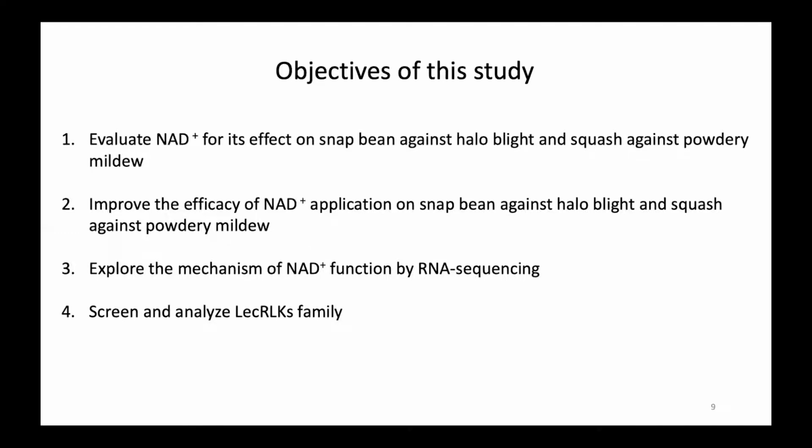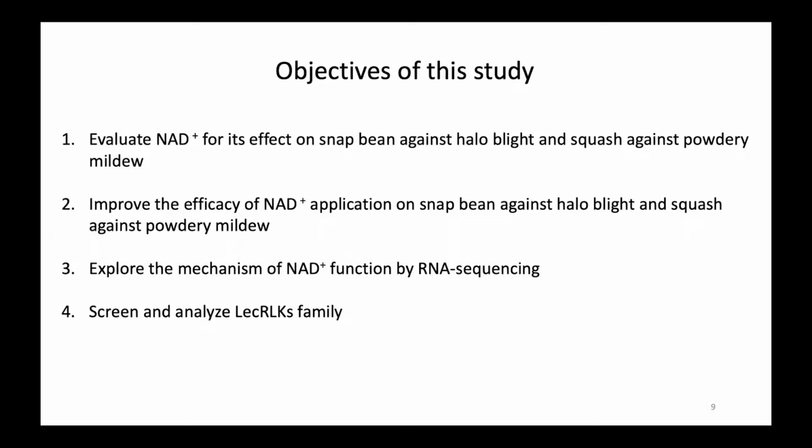First is to evaluate NAD for its effect on snap bean against halo blight and squash against powdery mildew. Then we want to improve the efficacy of NAD application. After the greenhouse study, we explored the mechanism of NAD function by RNA sequencing.